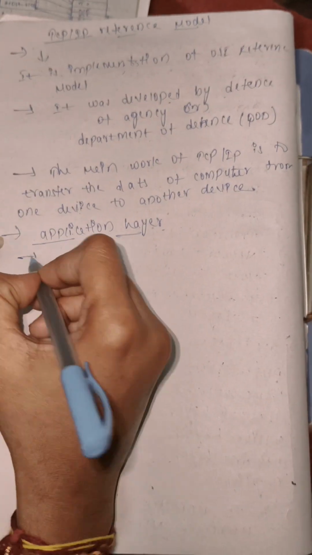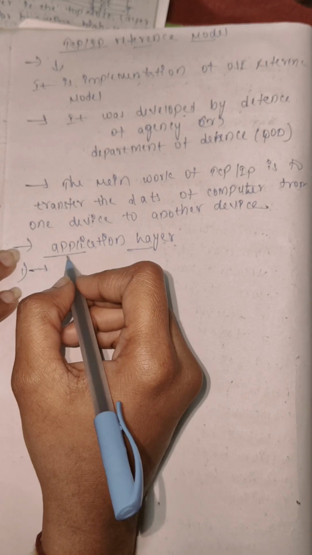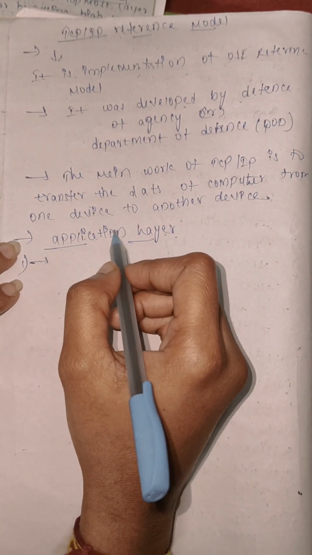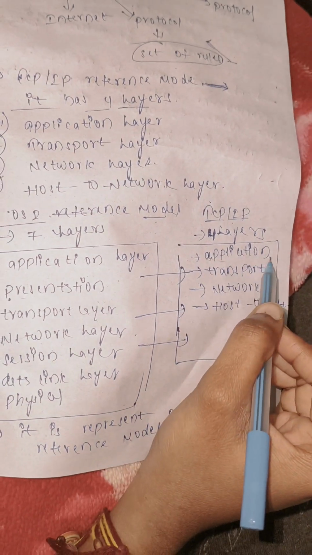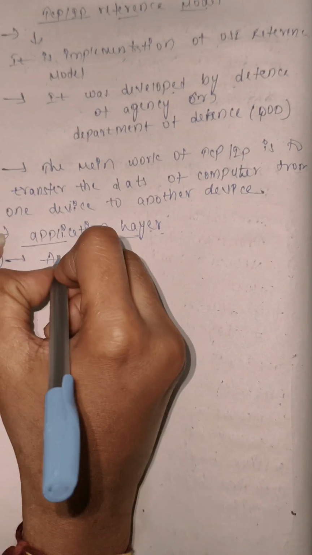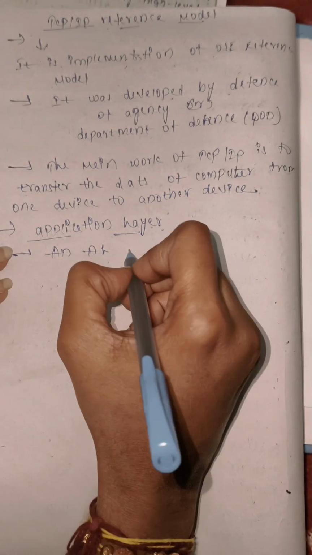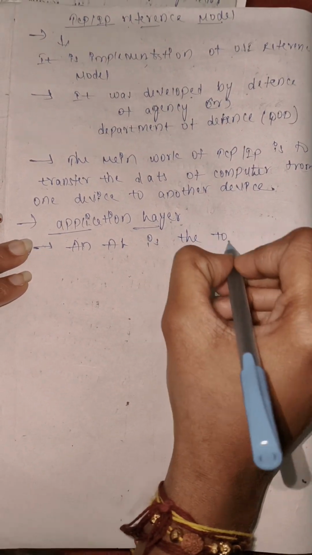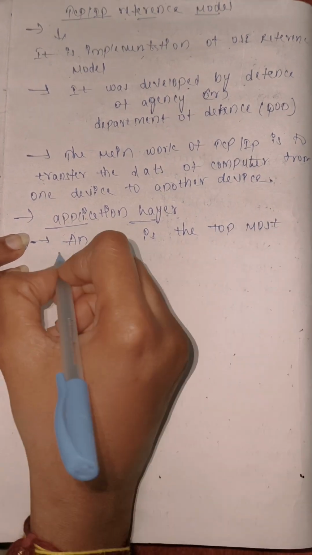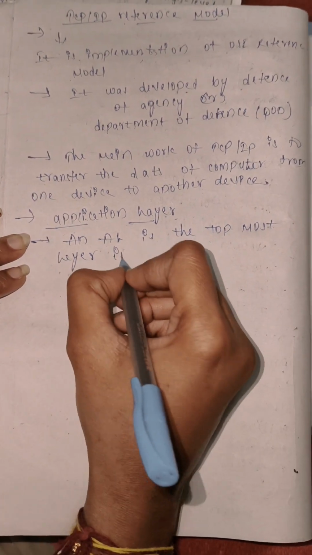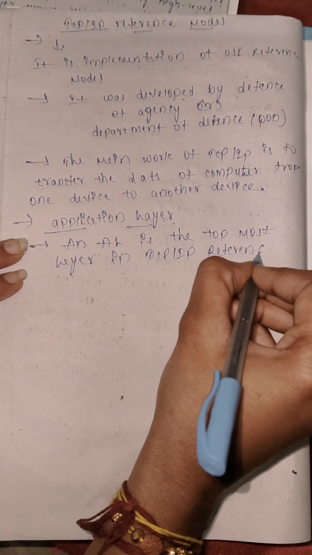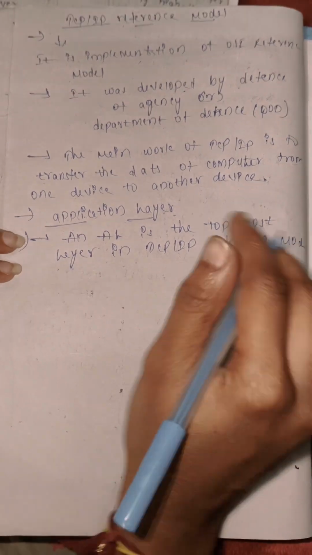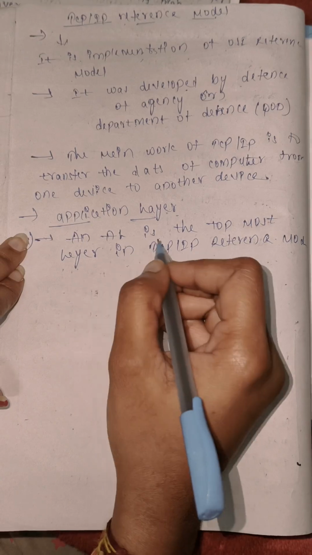An application layer is the topmost layer in the TCP/IP reference model. It is responsible for handling high level protocols.